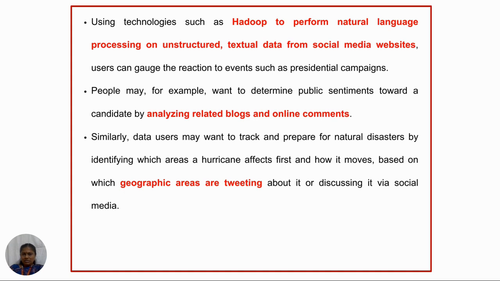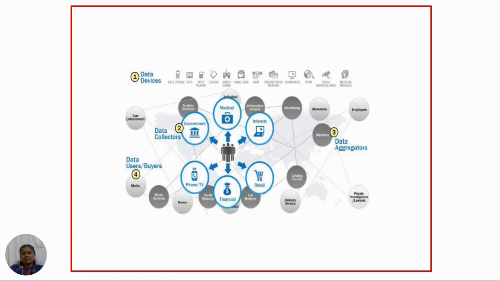There are new technologies such as Hadoop to perform natural language processing on unstructured textual data from social media websites. There are a lot of vlogs and online comments available, which are used for sentiment analysis of a geographical area, or tweets on social media to know about natural disasters.